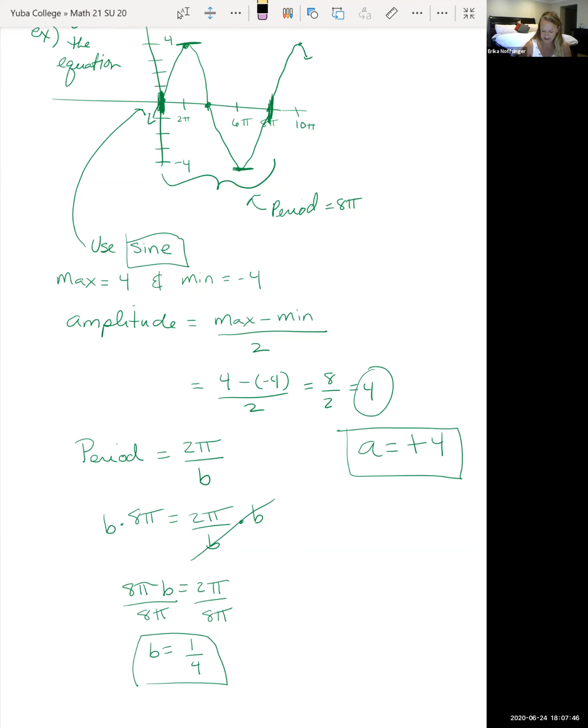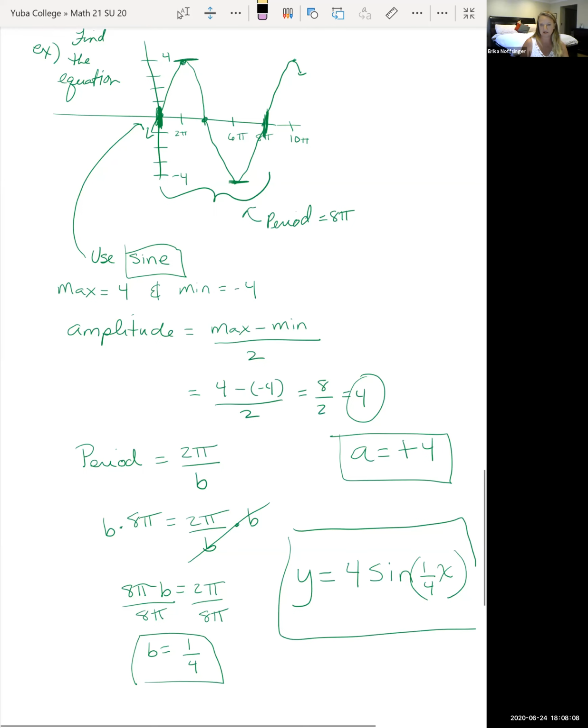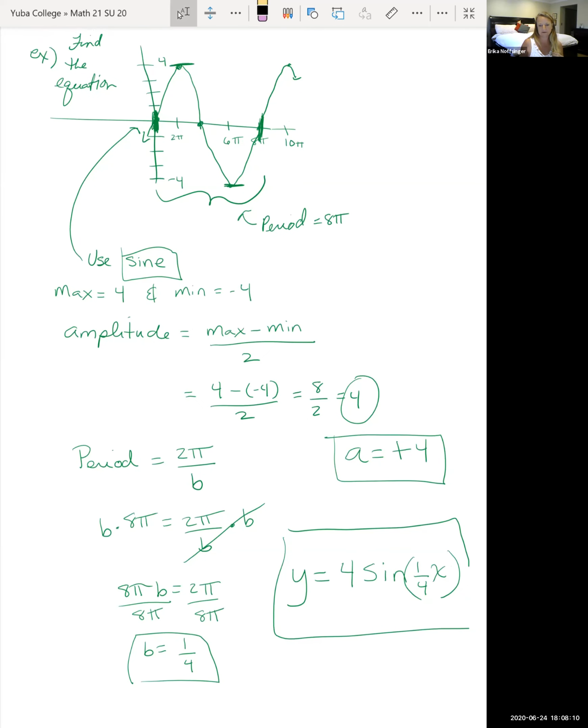Putting that together, we have our equation: y is equal to A, which is +4, sine of Bx, so 1/4 x. So given the graph, we are able to get the equation.